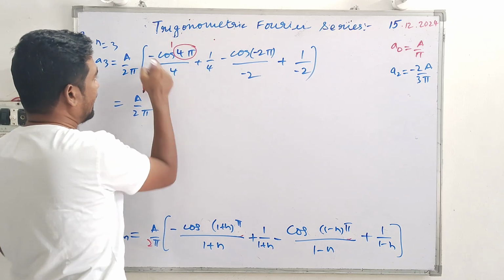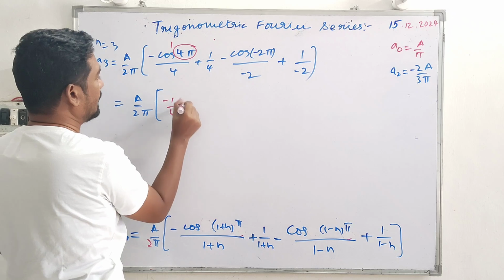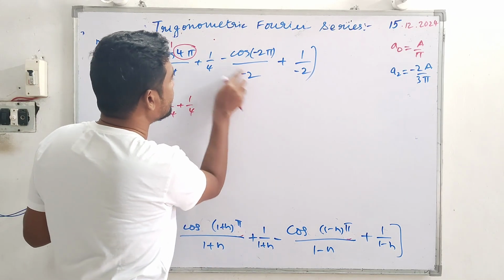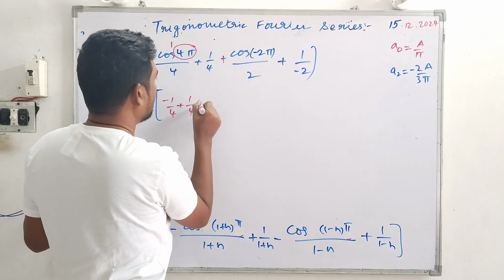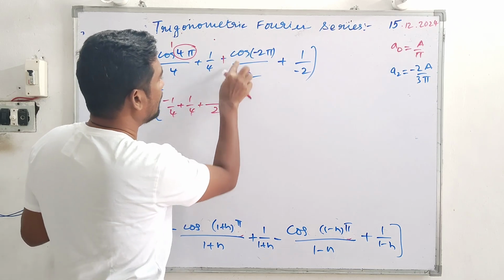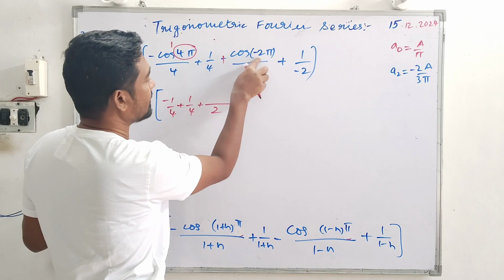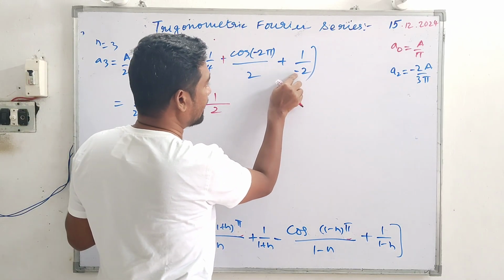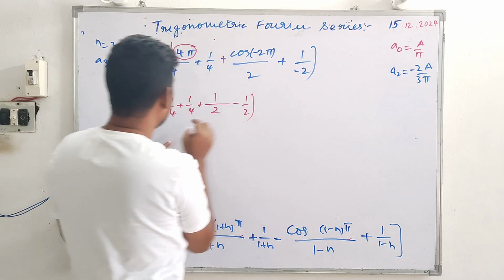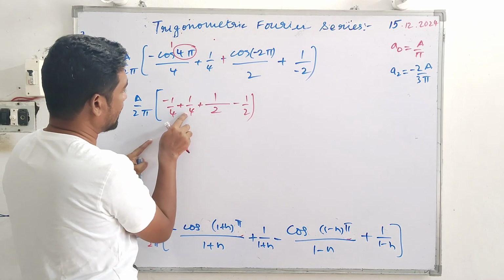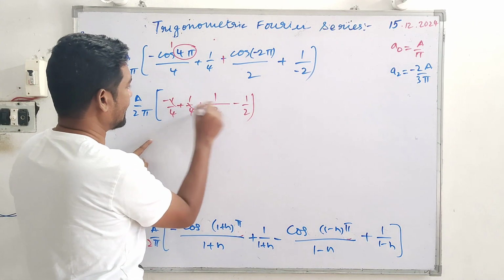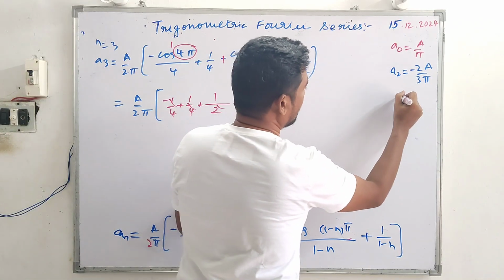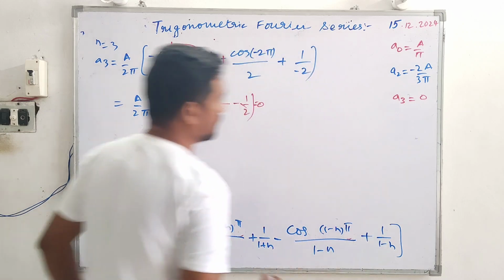In the sense, we will have minus 1 by 4 over here, plus 1 by 4 from the previous one, and this negative, this will be positive, that's okay, plus 2, this is even pi, so that will be 1, cos even pi, that will be 1, and we have that negative over here, which gives minus 1 by 2. Minus 1 by 4 plus 1 by 4, plus 1 by 2 minus 1 by 2 gets cancelled, and this is 0, and this is 0, entire thing. A3 is found out to be 0.